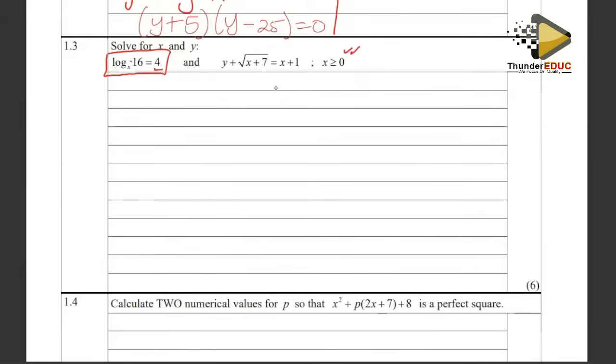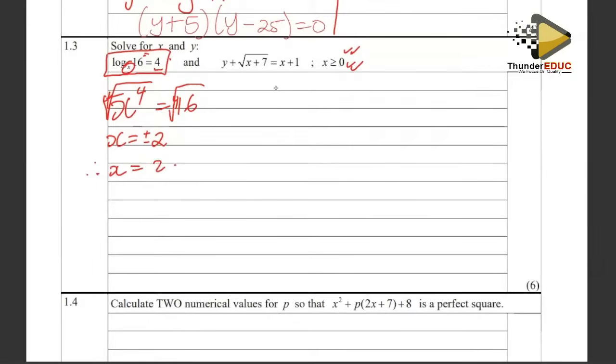So if our x is the base, even when I'm switching the 16 and the 4, meaning that if I have x to the 4, it should give me 16. Then I need to find the fourth root on either side of the equal sign. So that dies out, meaning that our x is going to be 2. But it should be plus or minus 2. Since they told us that x needs to be greater than 0, our x should be just 2.